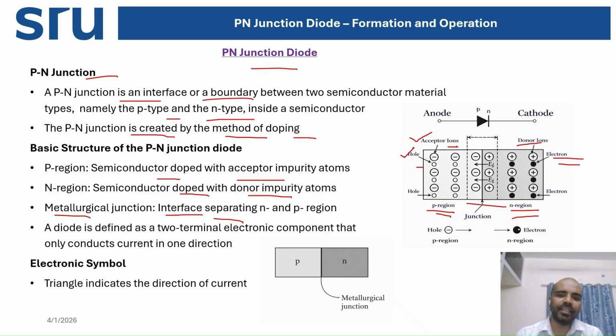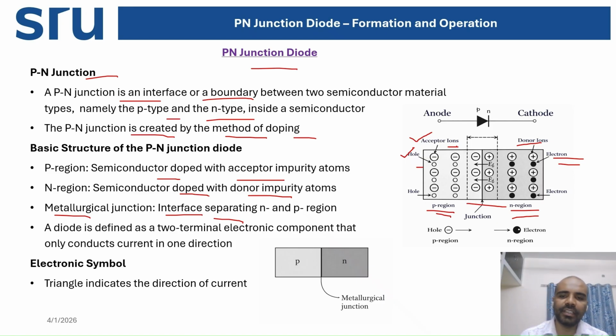In the P region, the concentration of holes is high, whereas in the N region, the concentration of electrons is high. So electrons from the N region try to move towards the P region, whereas holes from the P region try to move to the N region.